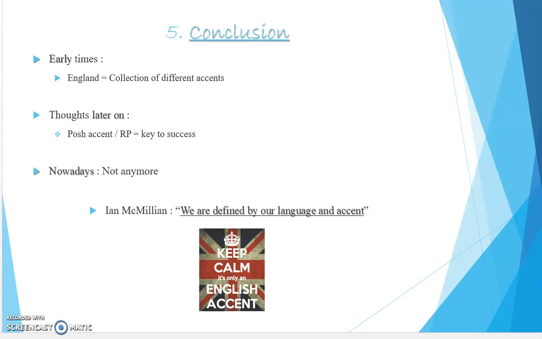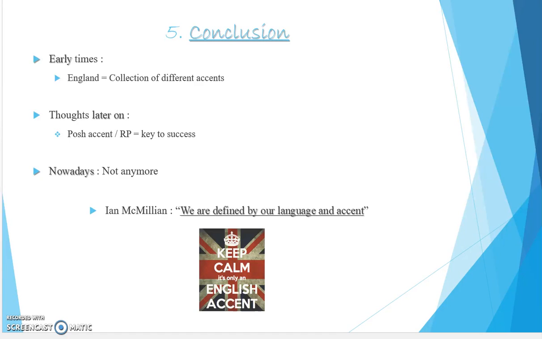What we can remember from all this is the following. Early society was created based on many different dialects and accents, what we call the isogloss. Later in history, people had to face the appearance and widespread of RP and posh dialects, considered the real key to success.